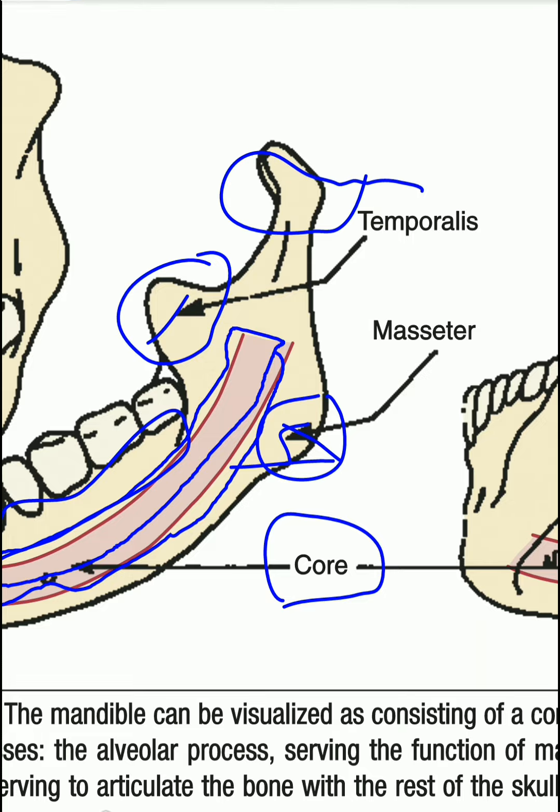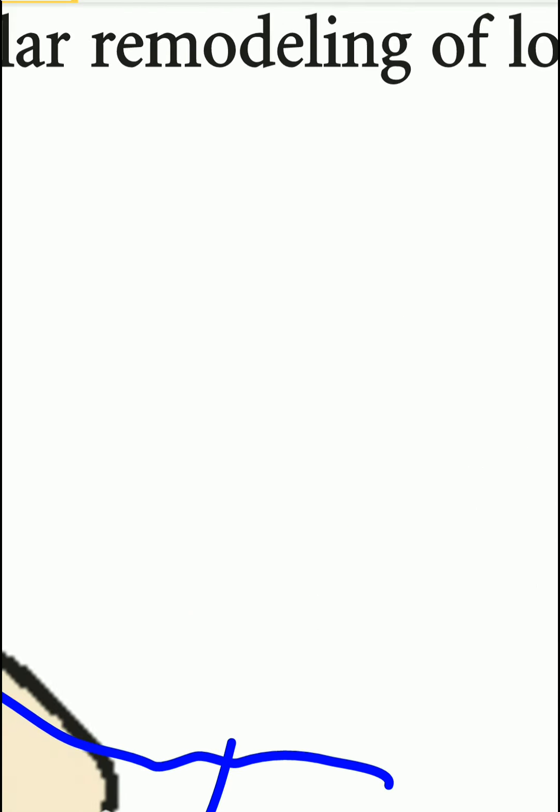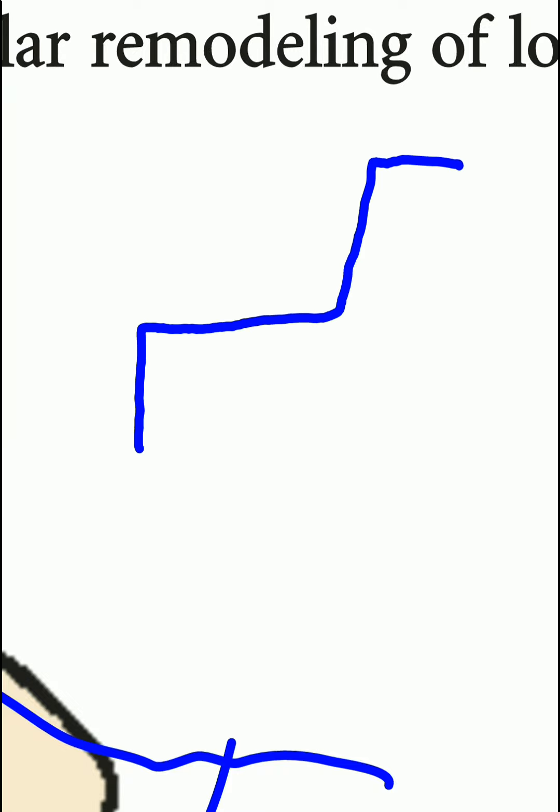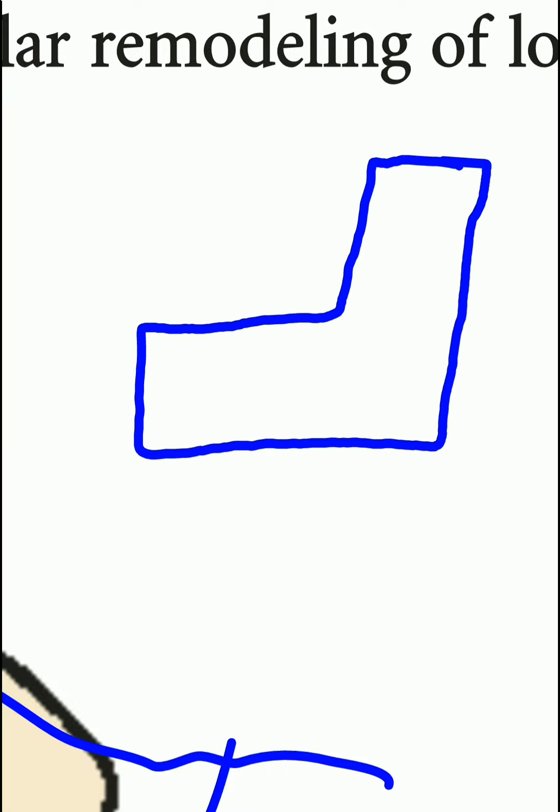Now regarding the rotations of the mandible, how did the scientists come to know that there is rotation taking place within the mandible during growth? What they did was they placed implants within the bone surface. Some of the implants were within the core region, some within the functional processes, some were on the surface, and some were placed internally.